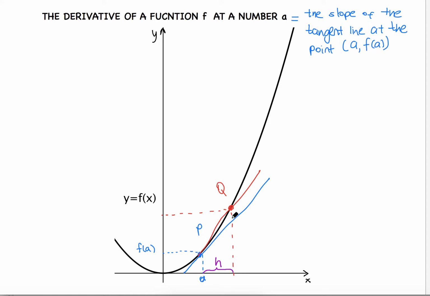Now, if the x coordinate of Q is h units away from the x coordinate of P, we will have a plus h for the x coordinate of Q. So we already had a, we go h more units, so we get a plus h. Then the corresponding y coordinate will be f of a plus h.